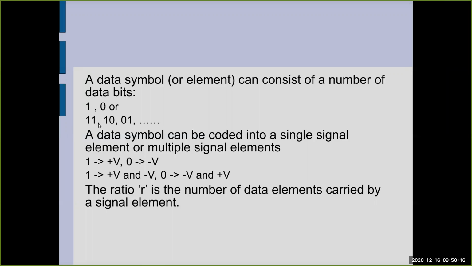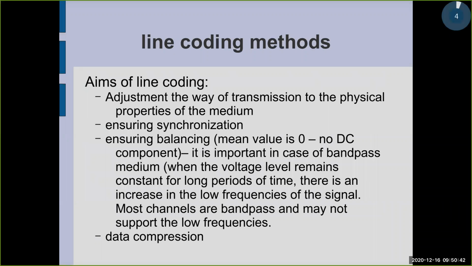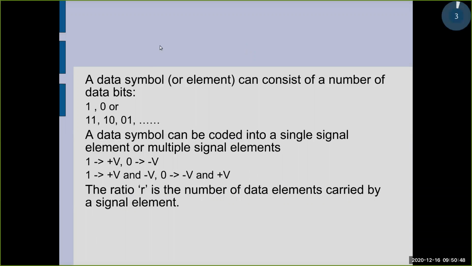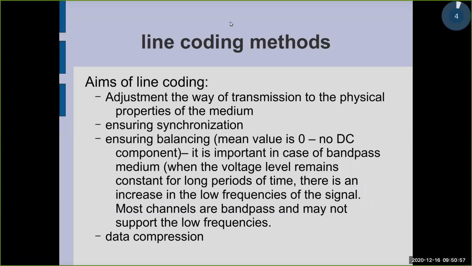So we have 2 bits, for example. In this case we have 4 different symbols, and we represent them using different voltages. Every group has a different voltage level assigned. The way we represent a group or a single bit depends on something which is called line coding.